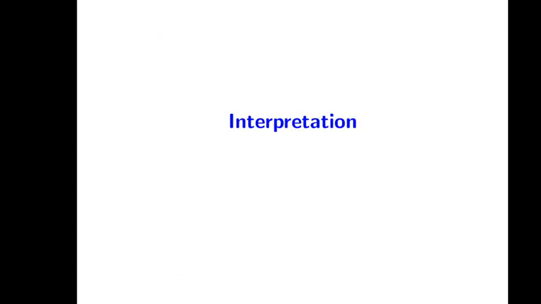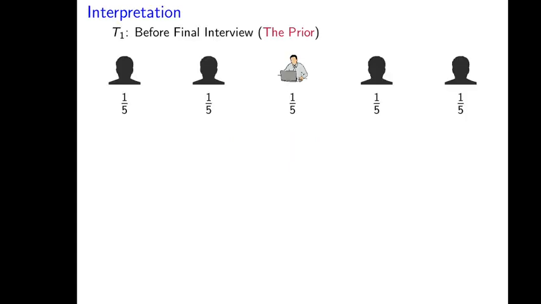Now I want to give you a visual interpretation of Bayes' theorem to give you more insight into how it works and how it calculates this value. As I mentioned before, we have in our example 2 timestamps.